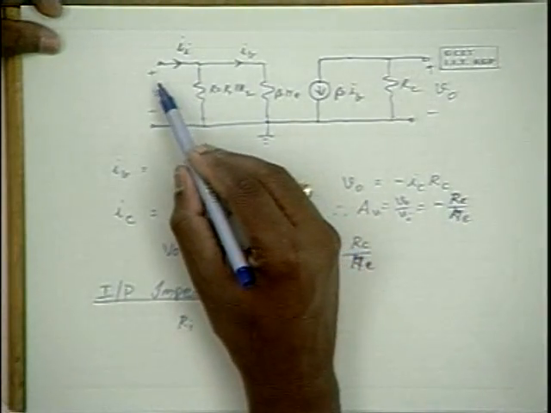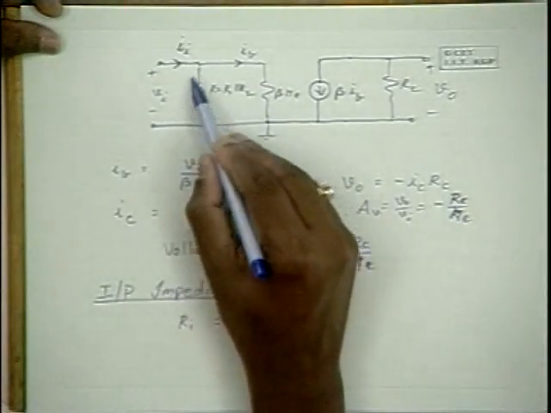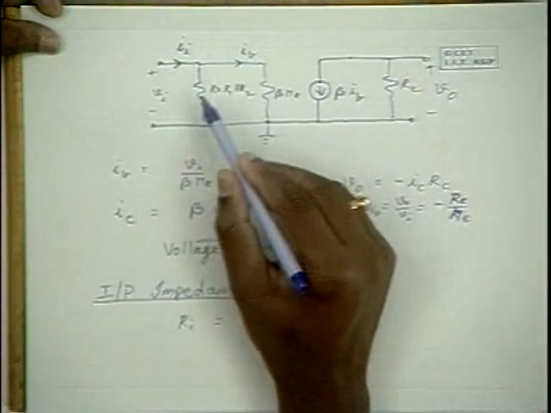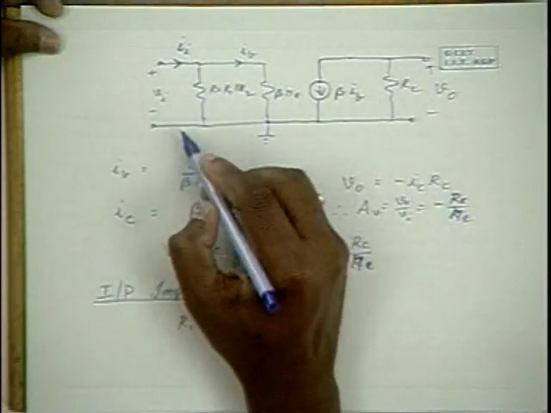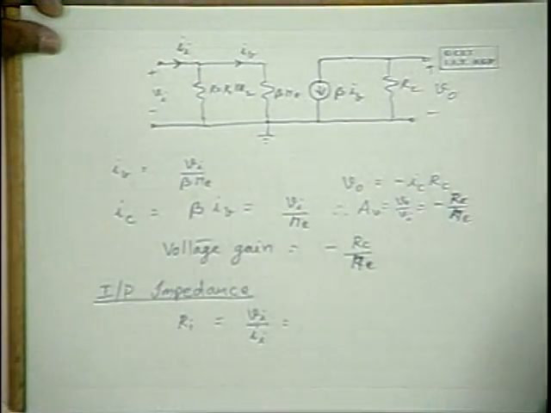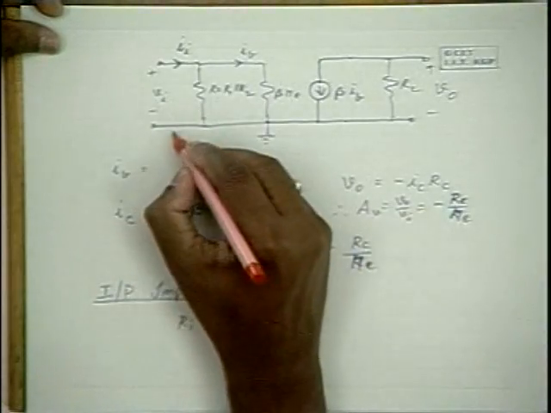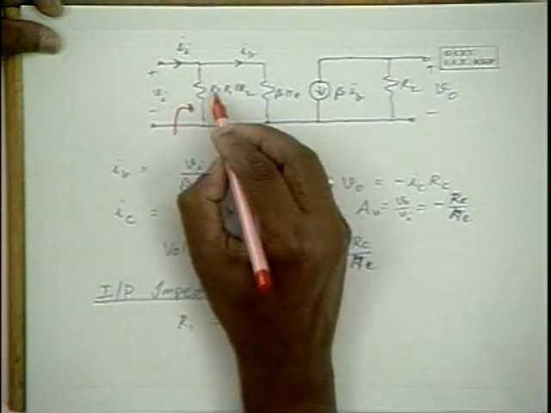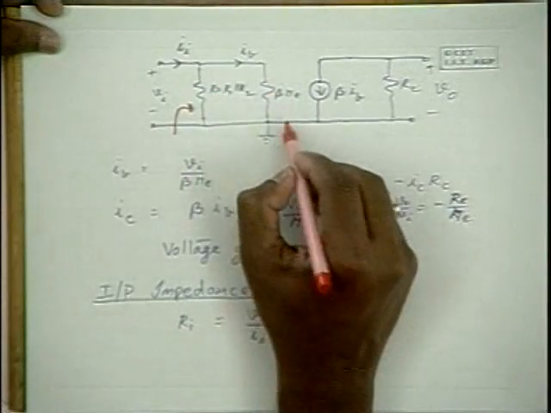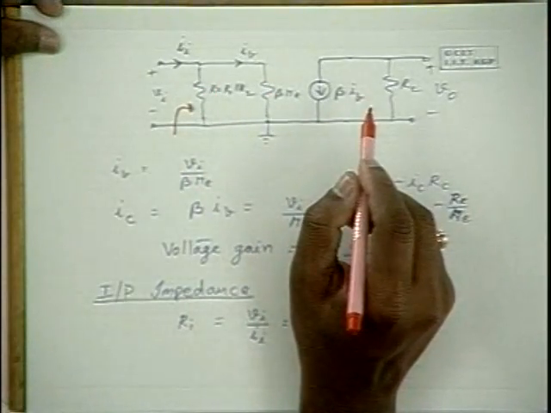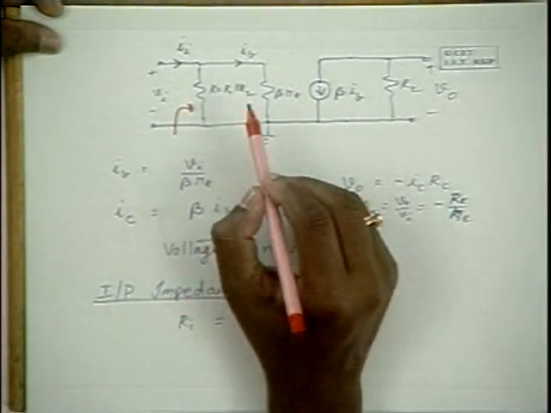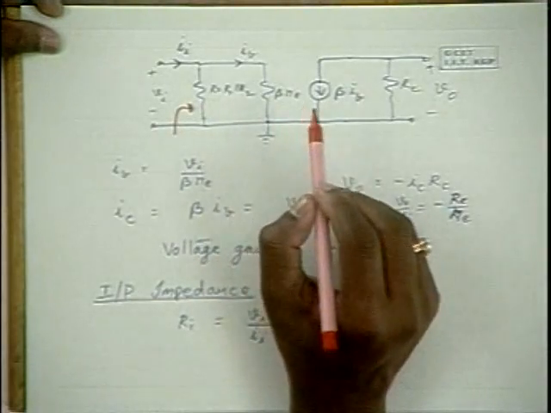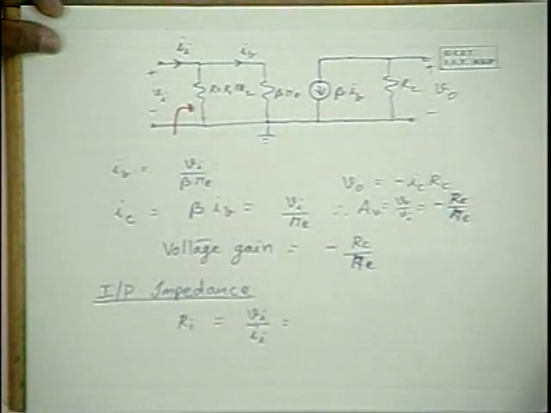And please note that this voltage and the current are related by this resistance. Therefore the input resistance is going to be this resistance R in parallel with beta Re. That means it is R1 in parallel with R2 in parallel with beta Re.